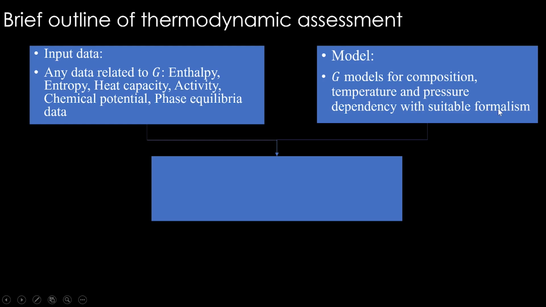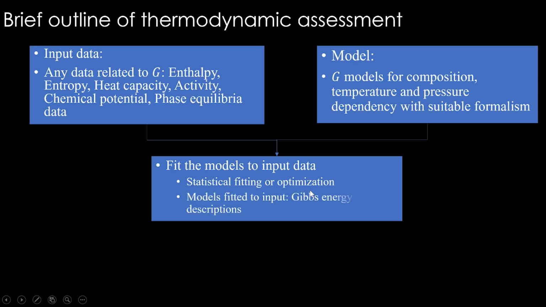And then with suitable formalism, this is an extra piece of information which we need to keep in mind to model. So we are keeping the models, the equations, with A plus BT, CT ln T kind of ABC values, on one side. And then we are going to fit the models to input data so that the ABC will assume some numbers. This is called statistical fitting or Gibbs energy optimization. Here models are fitted to input and the output is going to be the Gibbs energy description. So these are the three major things we do when we create a thermodynamic database through thermodynamic assessment.